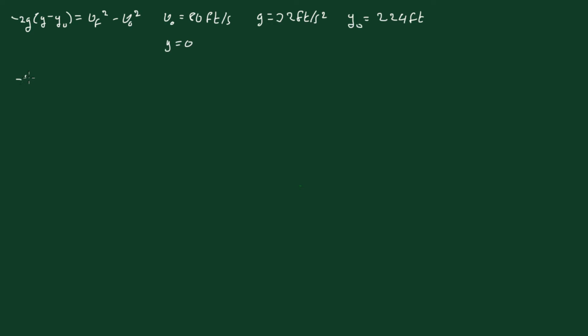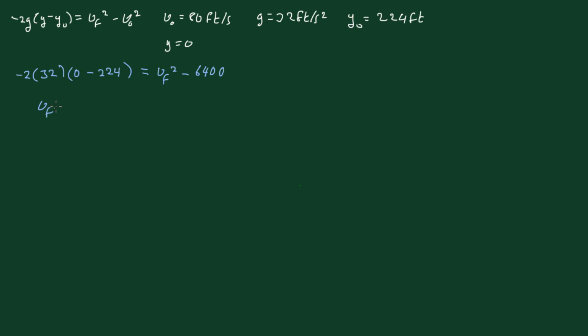We're going to have negative 2 times 32, that's our g, multiplied by y minus y0. So that's going to be 0 minus 224 feet. And that's going to be equal to final velocity squared, and then minus v0 squared, where v0 is 80 feet per second. So that's going to be 80 squared, so minus 6,400. So we can solve for our final velocity.